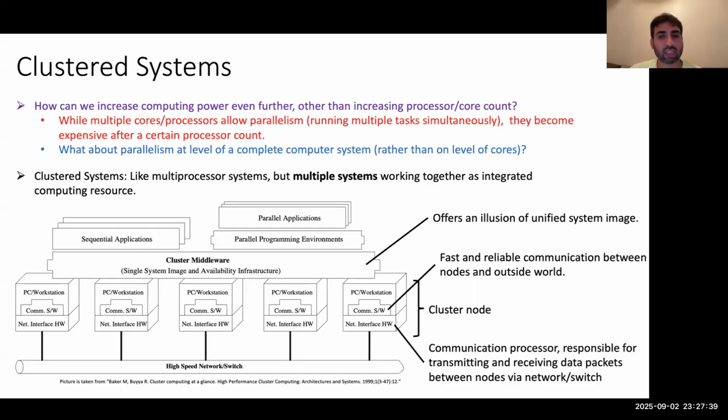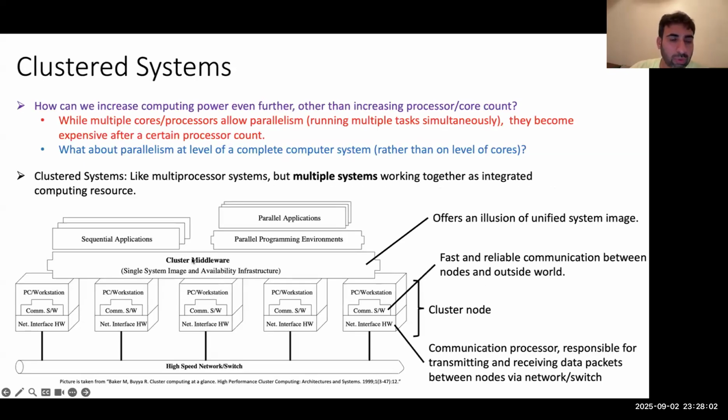It makes your life easier. Similarly, cluster middleware is software which makes life easier for the users of a clustered system by giving them an illusion that the cluster they are working with is actually a single computing resource.